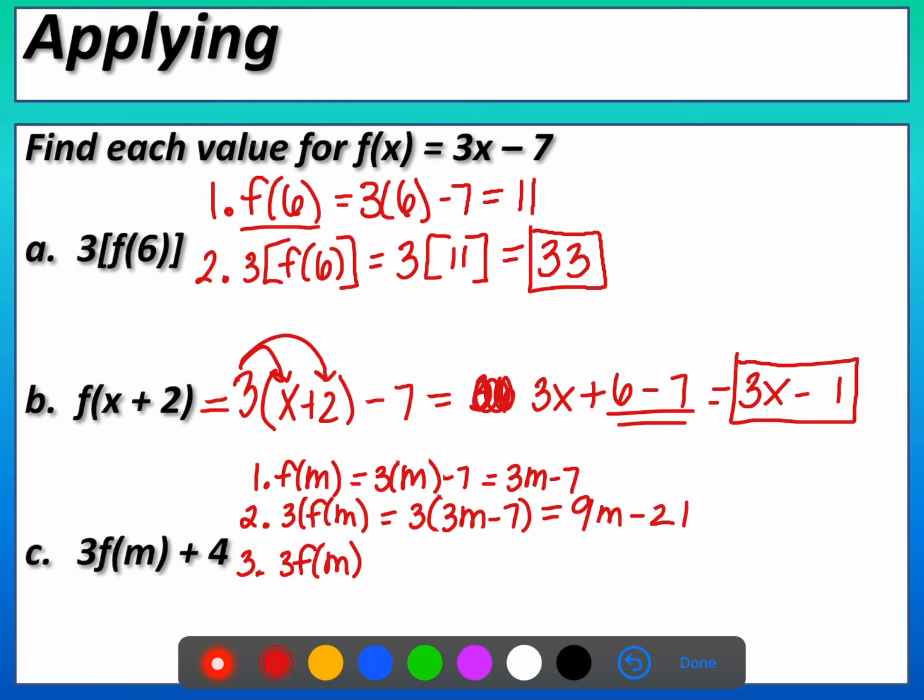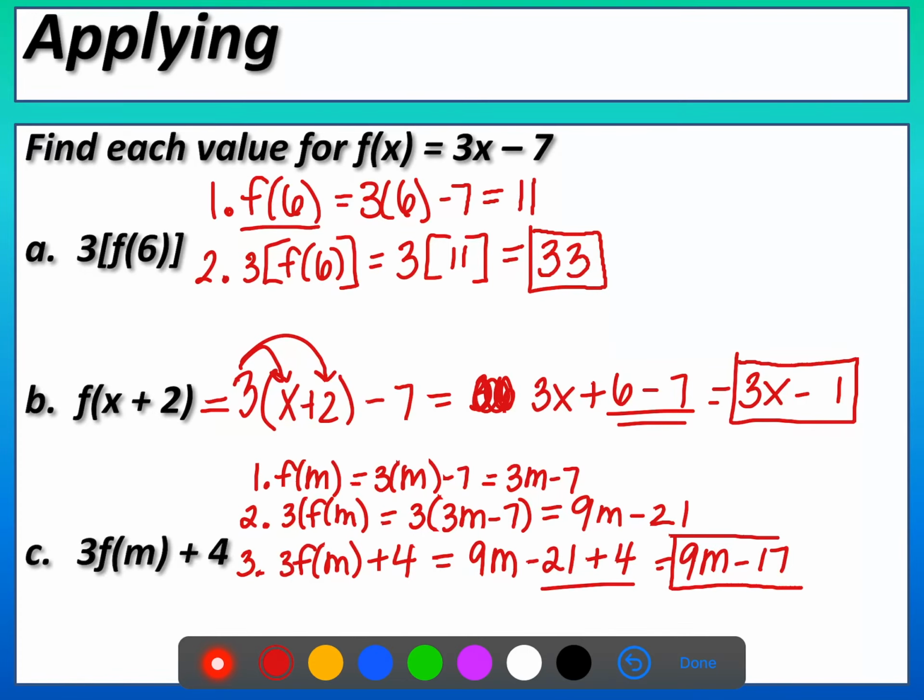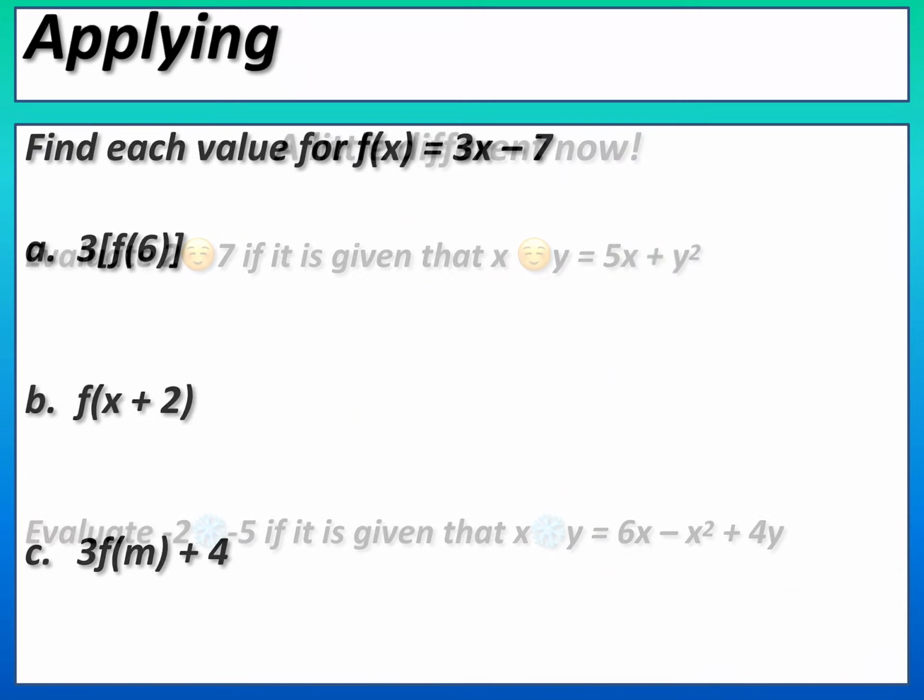And then lastly, add 4. Okay, so I have like terms that I want to combine there. Okay, so that last step makes up my final answer. So no matter what is on the inside of your function notation, you are replacing it in your equation.